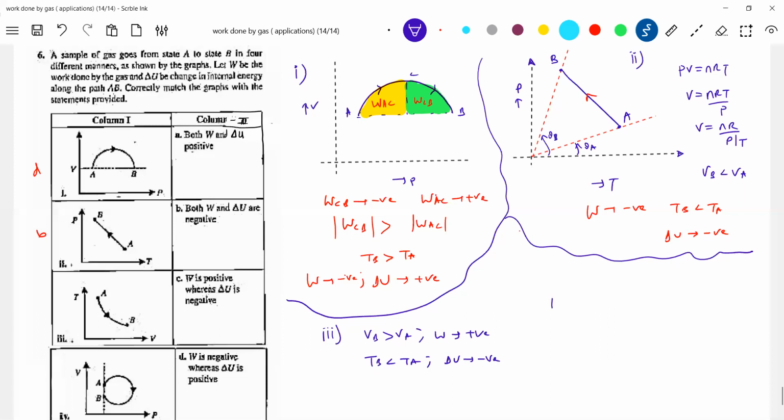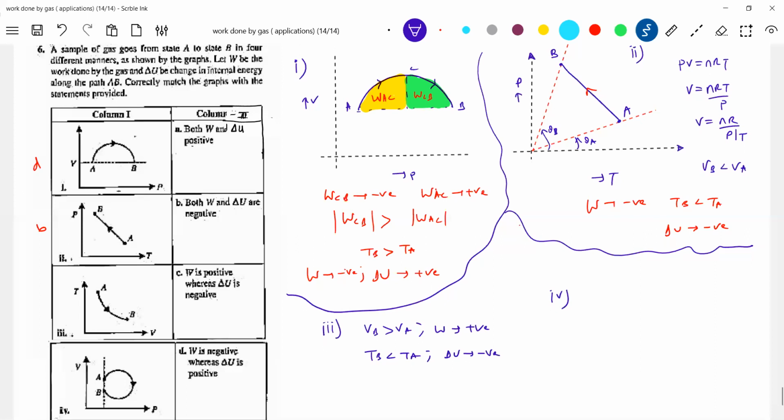Okay, now come to the fourth one. Anybody? VA greater than VB? Pressure constant.